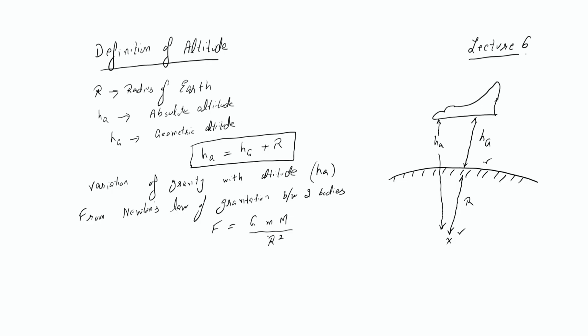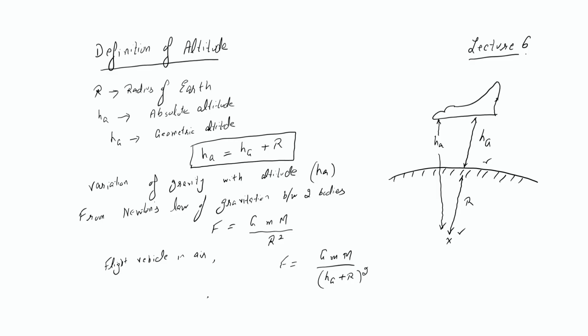So for example, if a flight vehicle is in the air, we can write F equals G M m, total altitude is hg plus R, whole square. Now what is F?